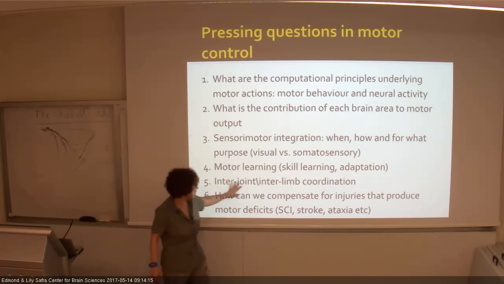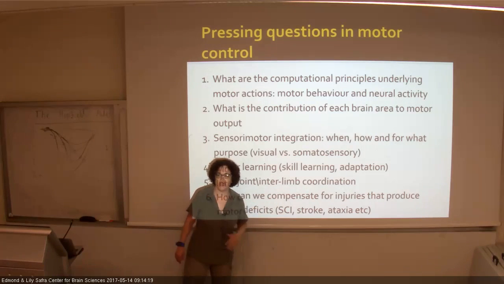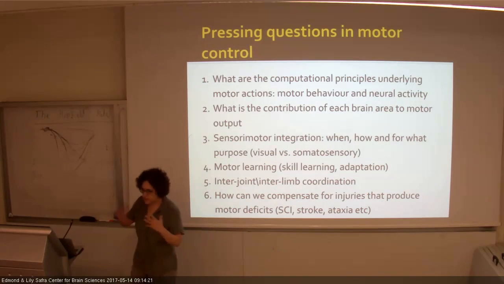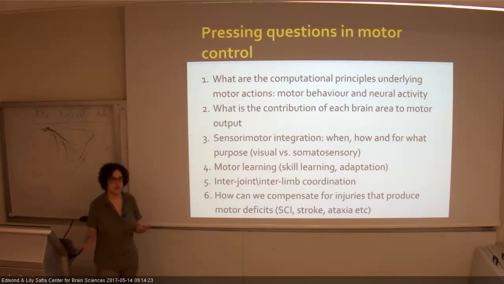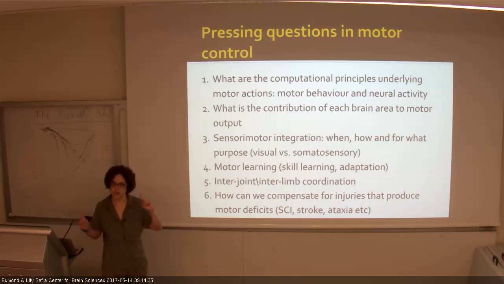Coordination, interjoint or interlimb coordination. There is a global coordination across our body when we move. Everything is well coordinated. Eye and head and hand, all of these. When we make an action, we don't separate it to different controls, but we move in a very well coordinated manner.